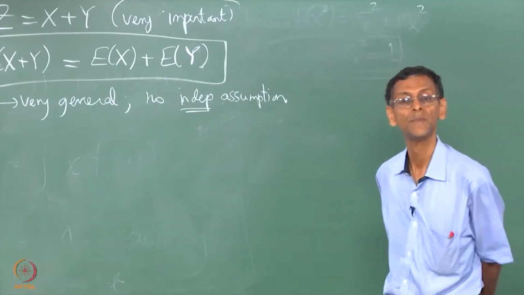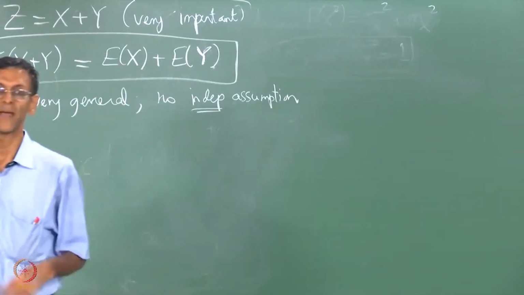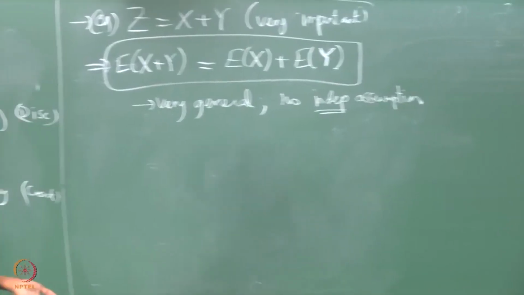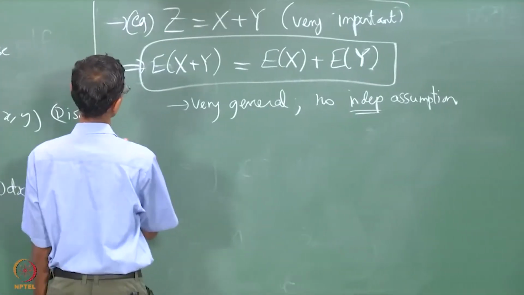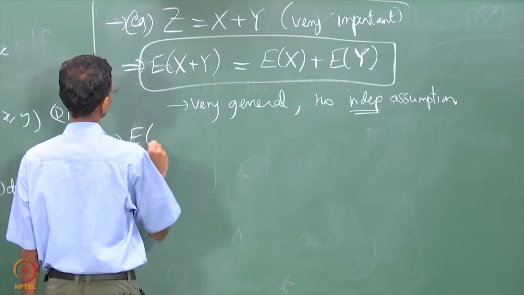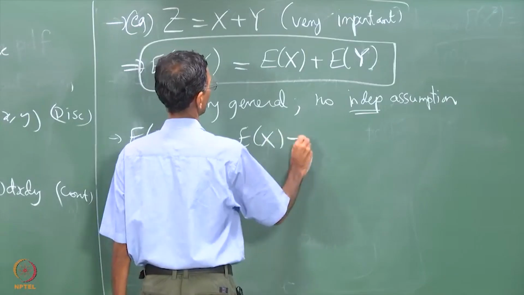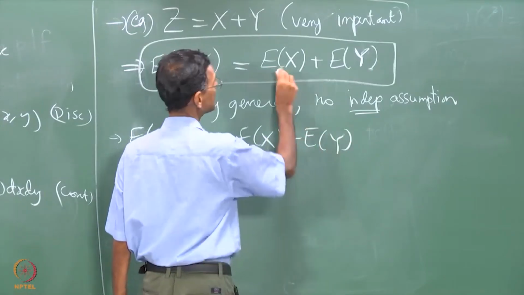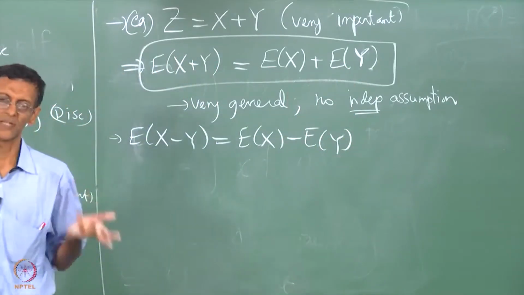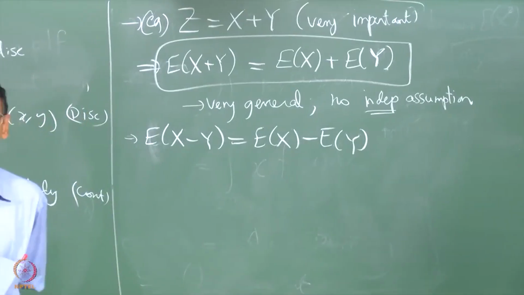Likewise, we also have E of x minus y to be Ex minus Ey. And this obviously is mx plus my, because there is only one Ex and that is mx.